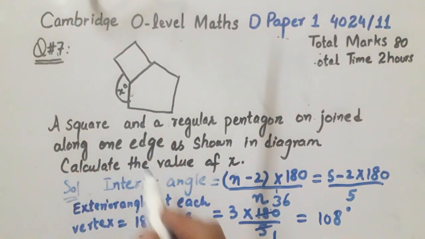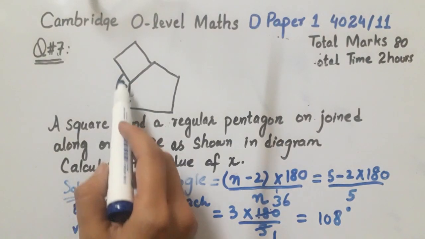So we have to find out the value of x. For this, we have the exterior angle at each vertex is 72 degrees.